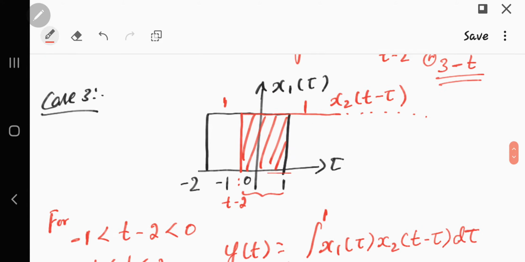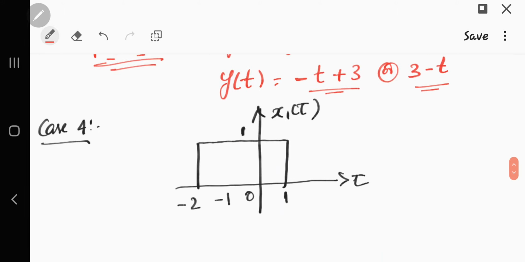That means I will keep this between 0 and 1 in the next case. Now I am shifting x2 of t minus tau here. Amplitude is 1, and this is my x2 of t minus tau. Okay. So this point is t minus 2. And this is the overlapping region. Again the overlapping region is the same, that is from t minus 2 to 1.